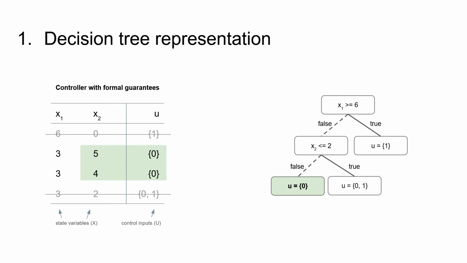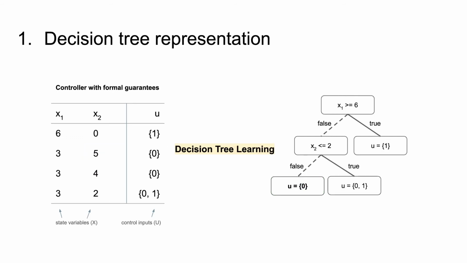What we have just seen can be automatically achieved through decision tree learning. Given a controller in the form of a lookup table, we can interpret it as a machine learning problem of assigning labels, which are the control inputs or actions, to items, which are the states.